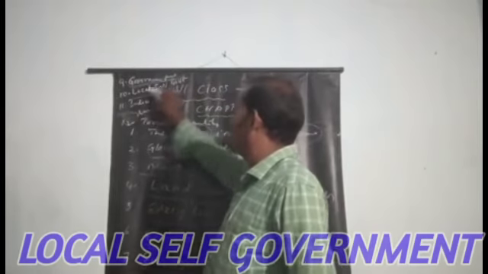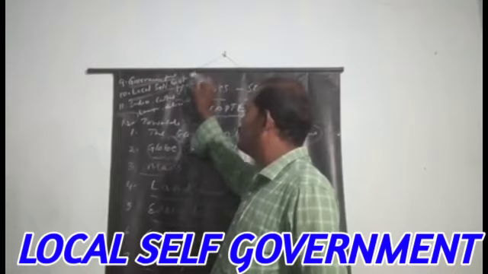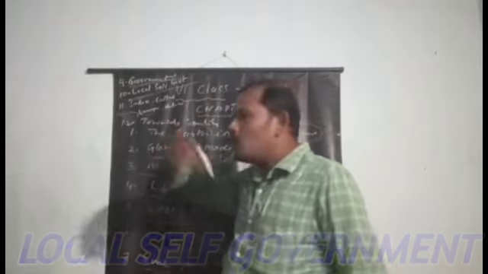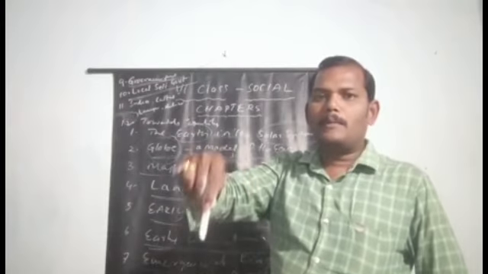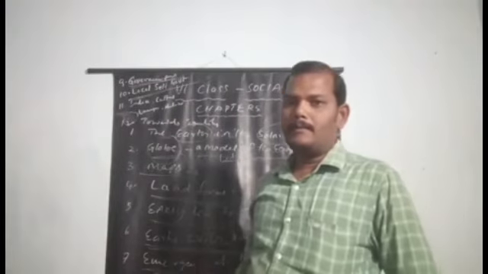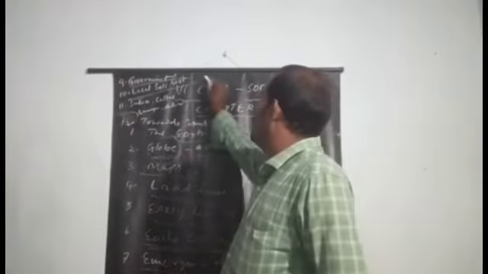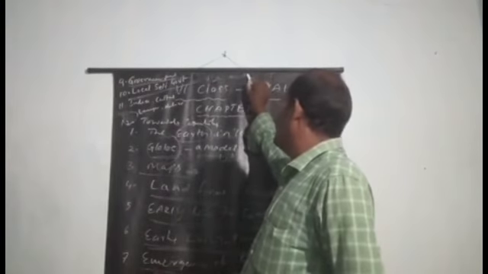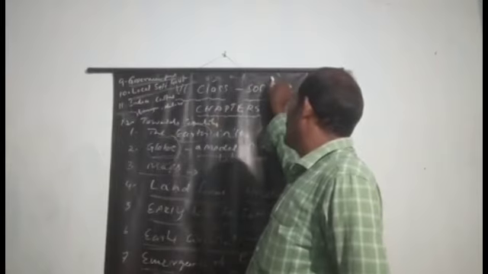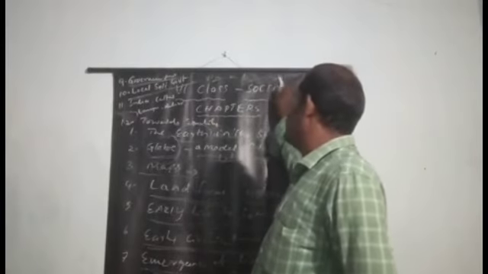Next, local self-government. That means locally, some governments are formed to solve the problems of the people. That is called the village panchayat, municipalities, Zilla Parishad, corporations, and the like.